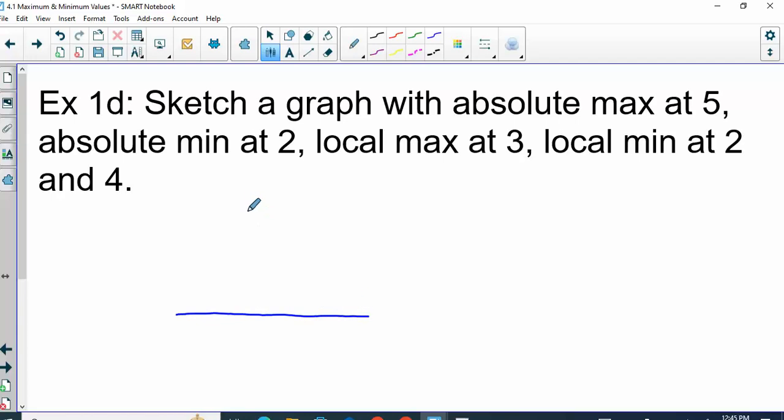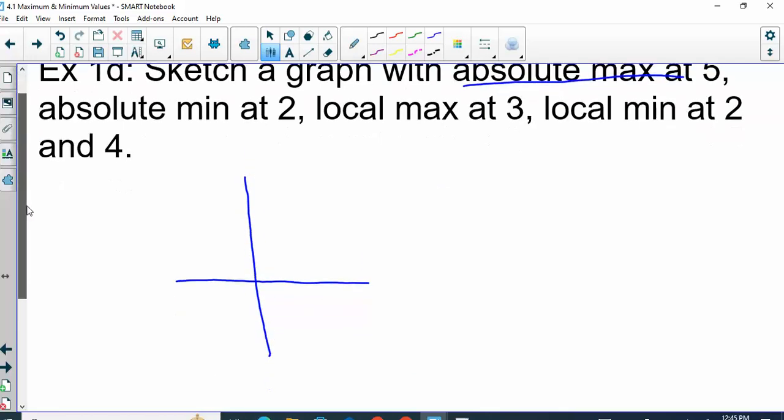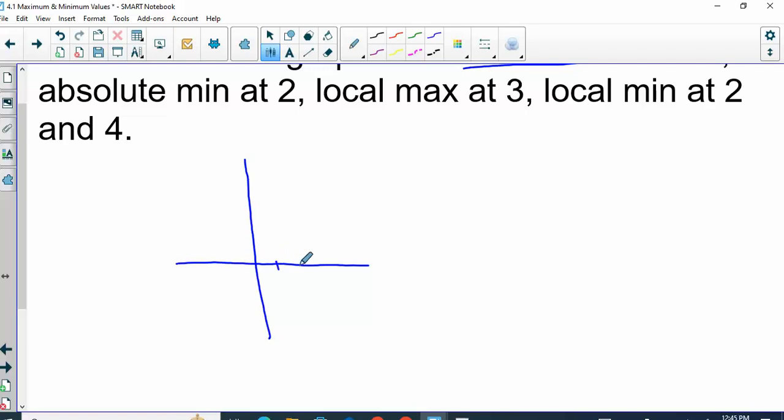I know I have to have an absolute max at 5. So that's saying when my x is 5, my graph has to be the highest it ever gets. So I didn't tell you what the y value was, so I'm just going to put one point fairly high up there. That is my highest.